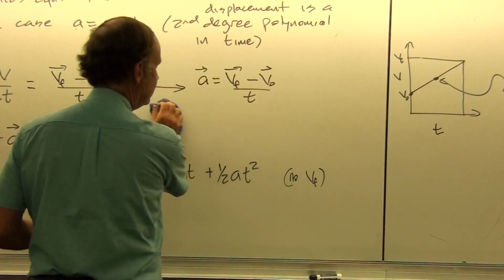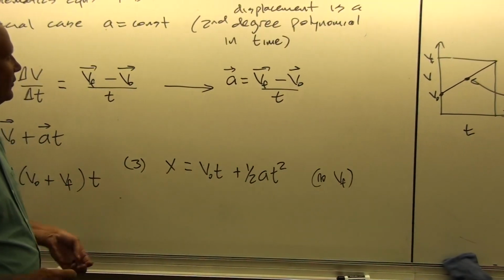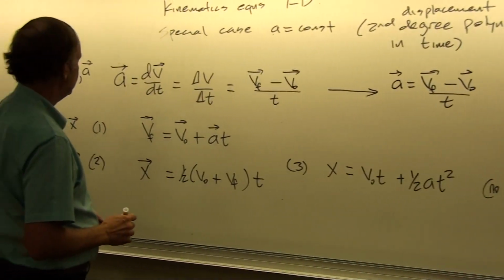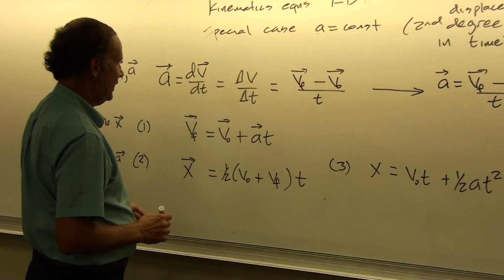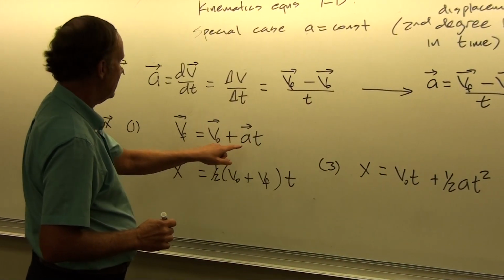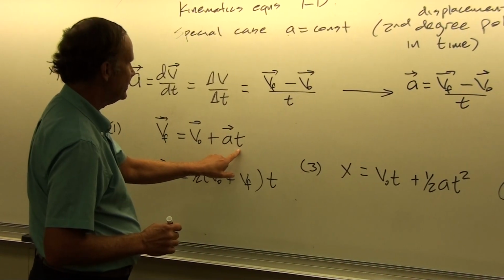Then finally, we'll have one more of these, equation 4. For this one, I'd like to eliminate the time so that the fourth equation won't have time in it. And I can do that again by taking this expression for equation 1 and solving it for the time.